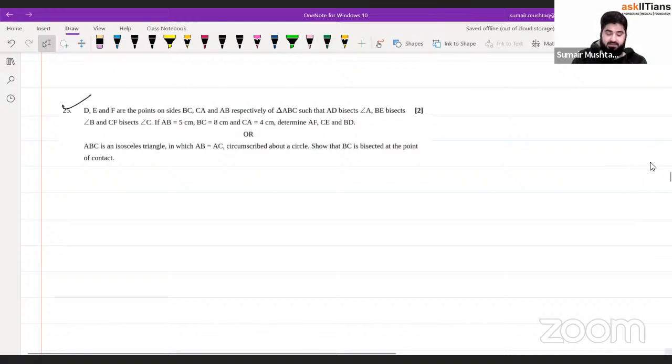ABC. D, E, F are the points on AB, BC, CA. Okay, this is a triangle, this is ABC.